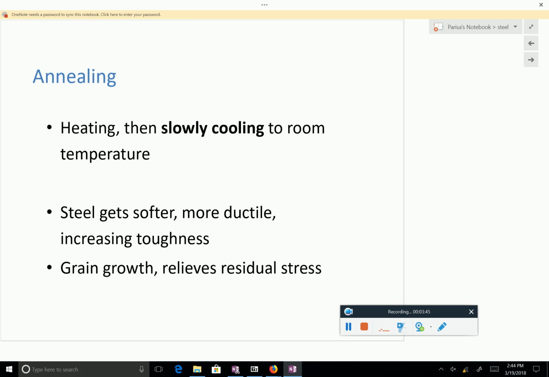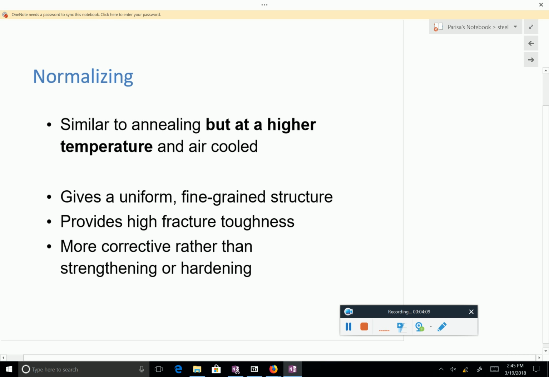So typically annealing is followed by normalizing. Normalizing is kind of a corrective approach. You want to make sure that the strength is still high enough. So after you use annealing to increase the ductility, toughness, grain size, and relieve residual stresses, you follow it up with normalizing.